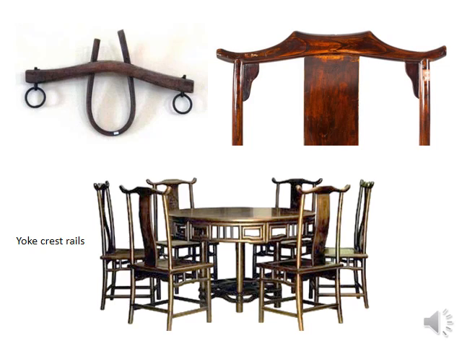A slightly more stylized version in the table grouping in the picture down below. Again, this signature Chinese characteristic that we see in the crest rails of the chairs is referred to as the yoke crest rail.